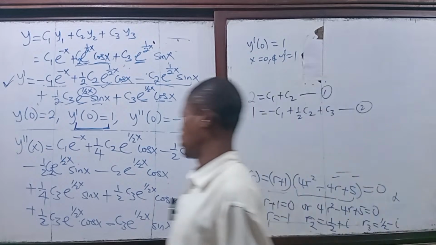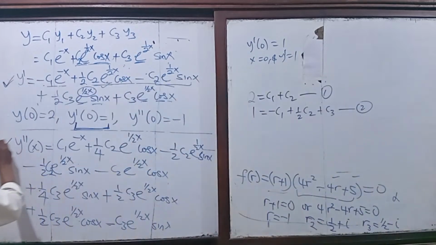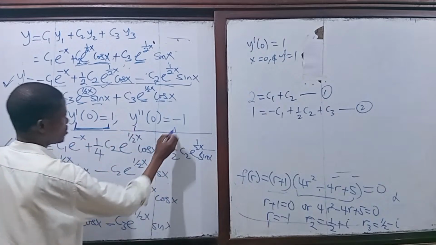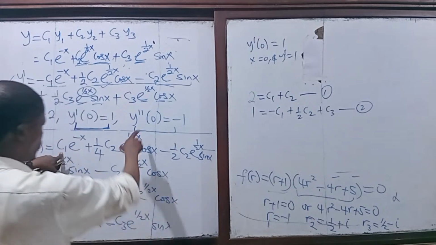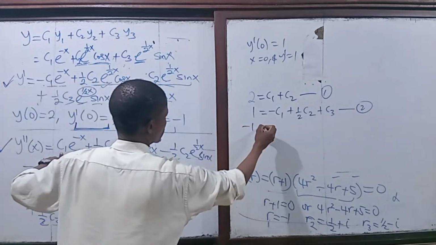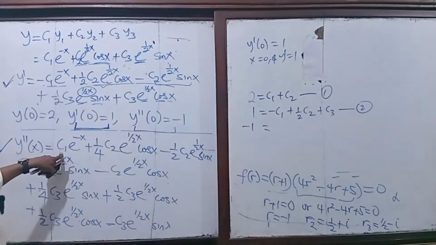Then for the second differential, I'm here for the second differential. Substitute your initial value, the boundary condition. Let's substitute that. So that will be equal to, this will be e to the power 0. That's 1. So we have minus 1. The second differential is minus 1.